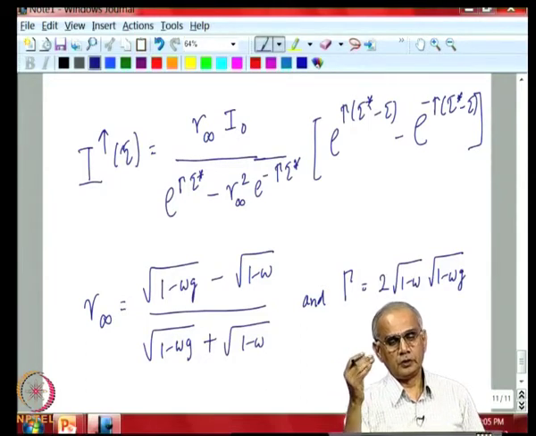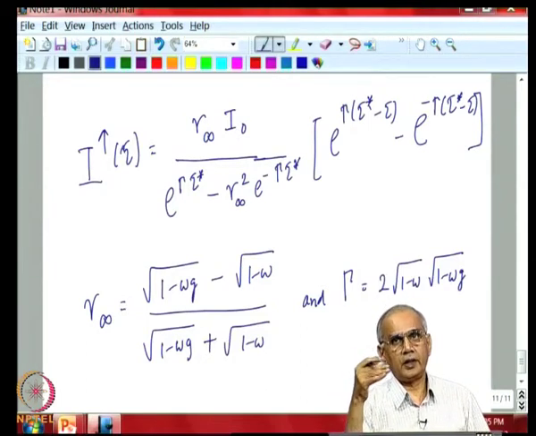Okay. So, omega tends to 1, you have a very highly scattering medium, and if omega tends to 0, we have a highly absorbing medium.